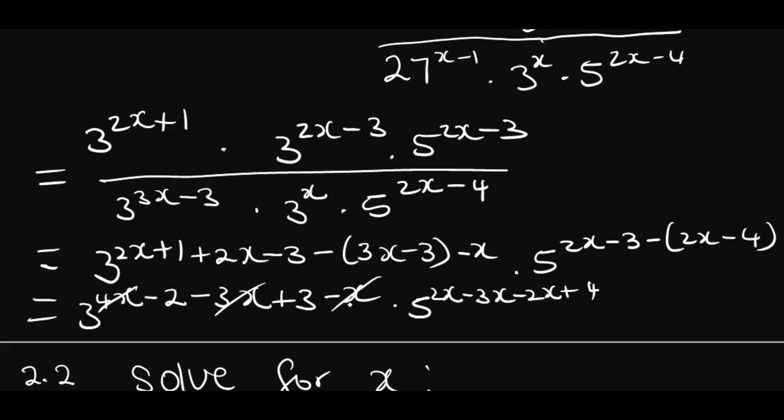Right, negative 2 plus 3, that is 1, meaning we will have 3 here. Oh, sorry, I made a mistake here.